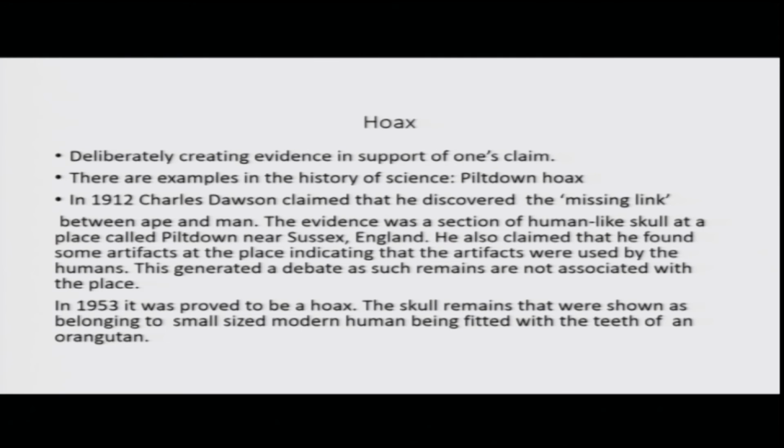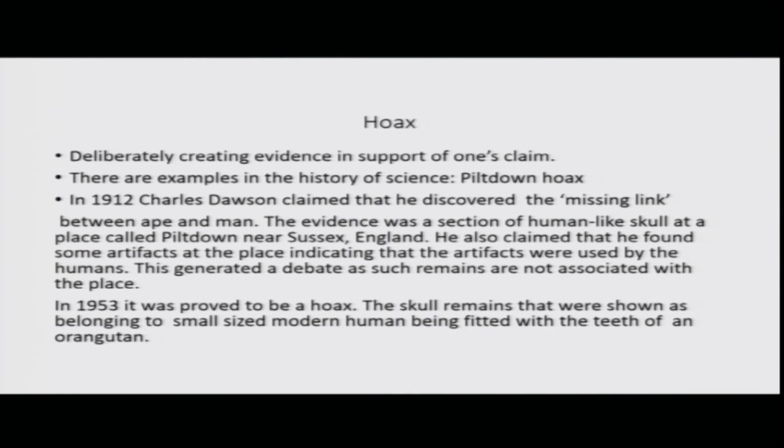There is also what is called a scientific hoax. A hoax is deliberately creating evidence in support of one's claim. There are examples in the history of science. The one example I would like to give is the Piltdown hoax.